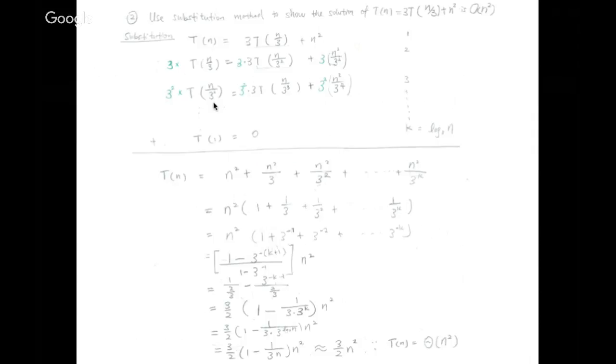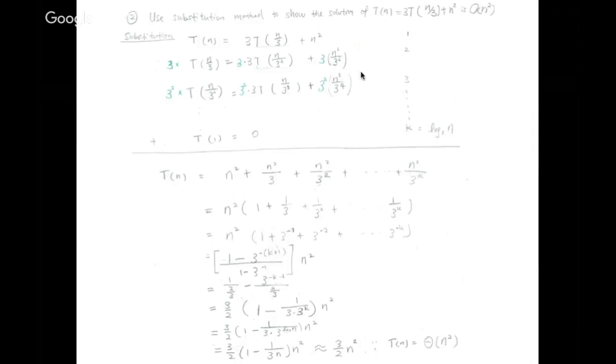n with n divided by 3 squared. Then T(n/3 squared) equals 3T(n/3 to the power of 3) plus n squared divided by 3 to the power of 4.